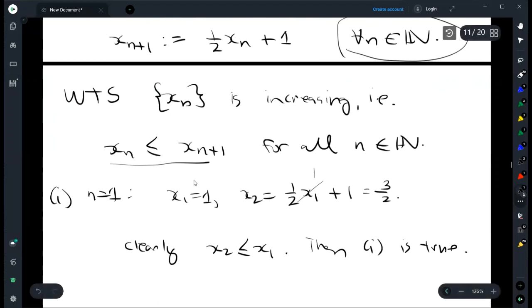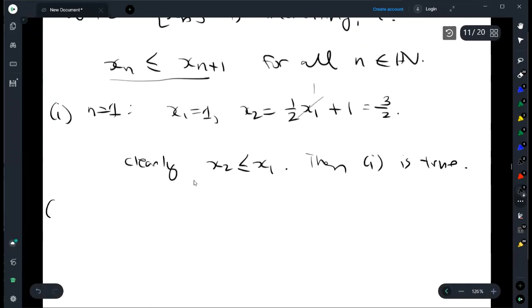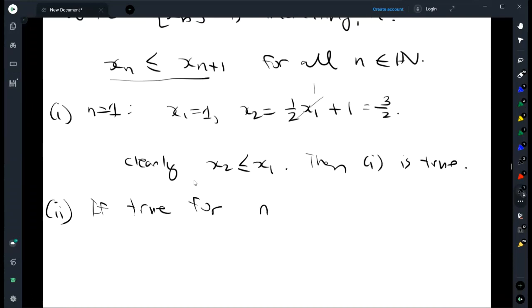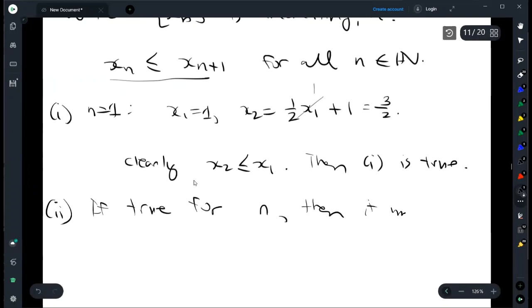Now let's prove the second part. Let's say the claim is true for a natural number n, then it must be true for n plus 1.